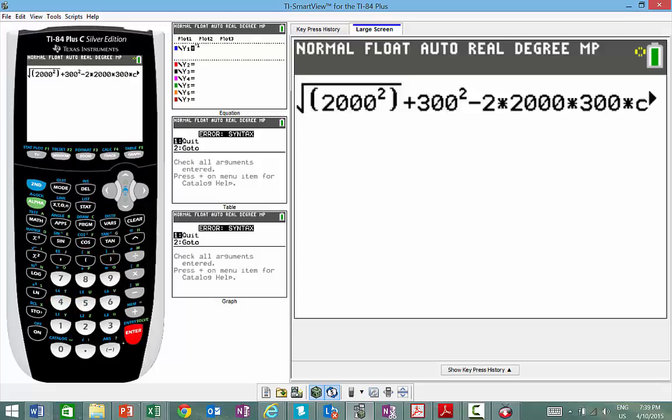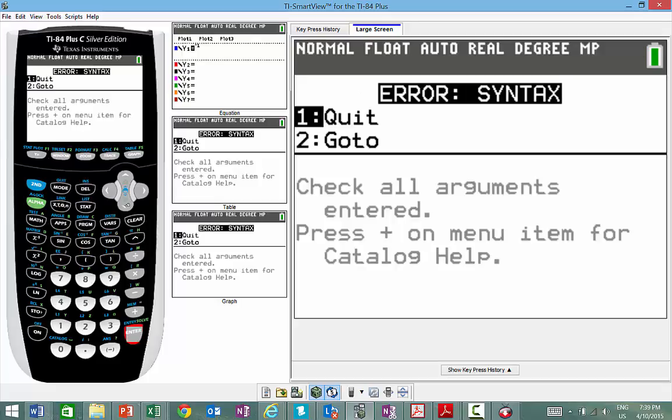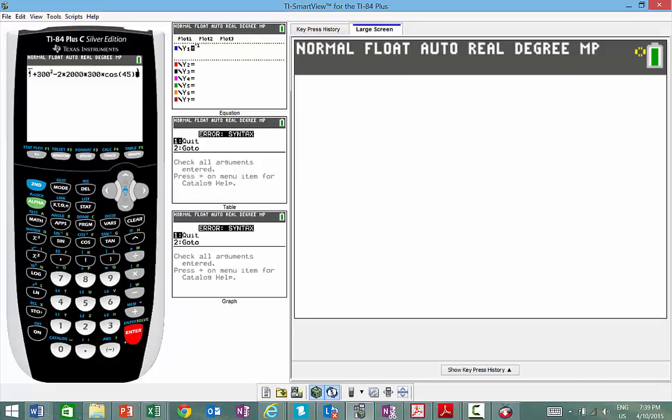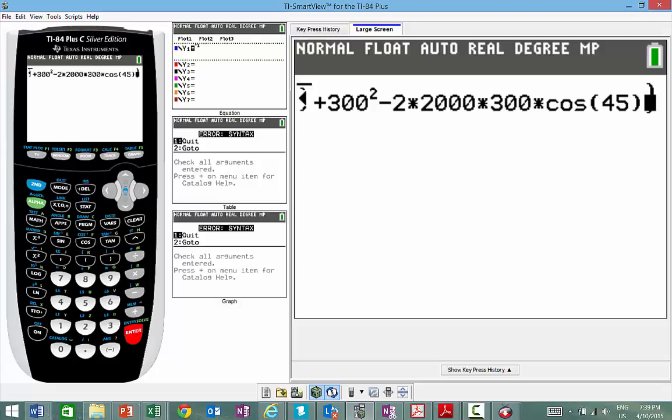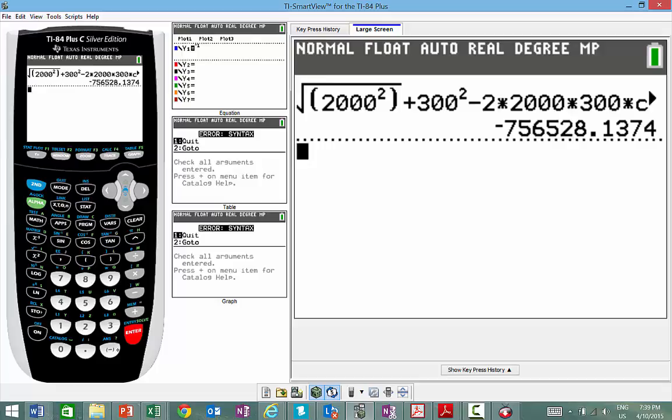Then that will give me an answer of, oh, there's maybe a bit of an error there. Just delete that last bracket. Something's wrong now. It hasn't worked out the brackets right. So let's do that again.